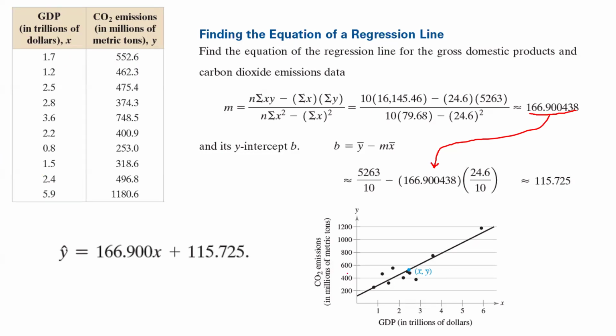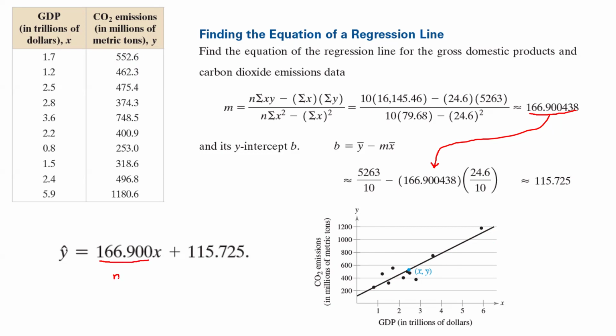Now we can visualize this and write the equation of the regression line. The scatter plot has some data, but this line that passes through these points in its best case, that minimizes the summation of d sub i squared, has slope 166.900x.